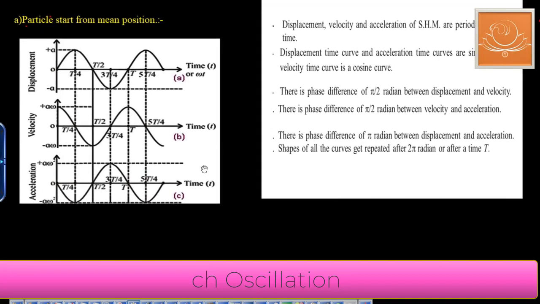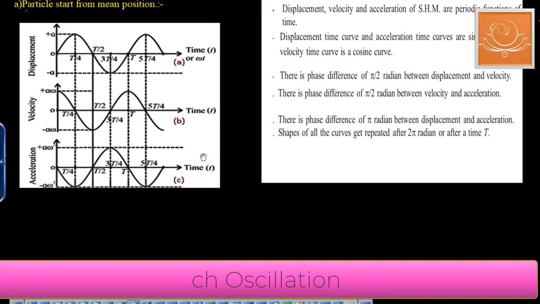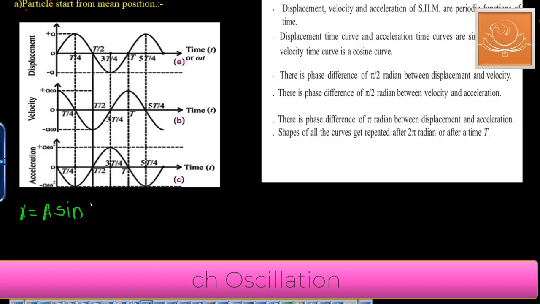For this, let us consider the equations. The displacement is x equal to a sine of omega t plus alpha.